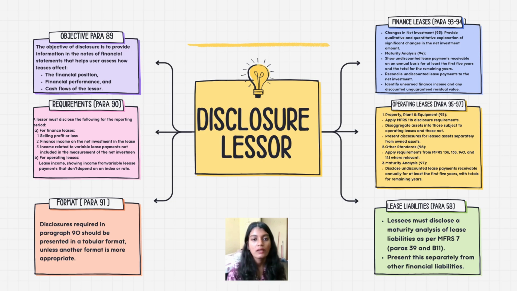In conclusion, the presentation and disclosure part of MFRS 16 is very important because it helps users clearly understand how leases affect both lessees and lessors. It ensures transparency, accuracy, and better decision making in financial reporting.